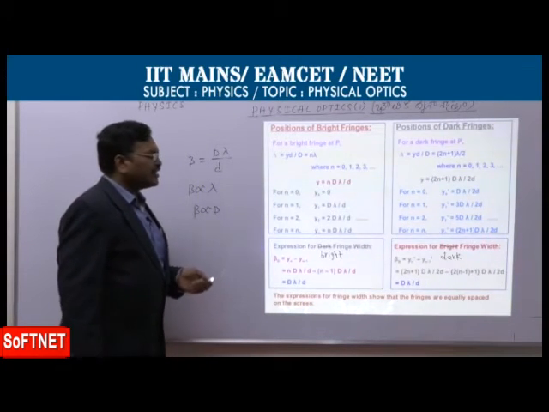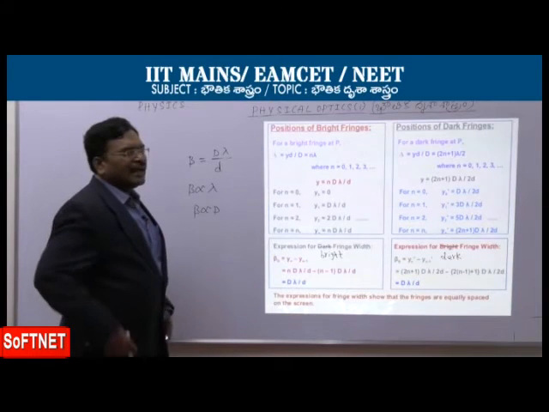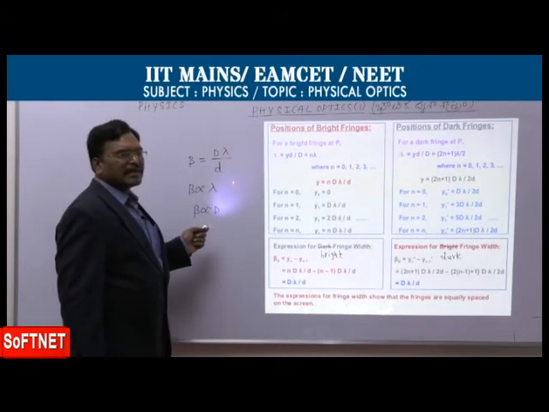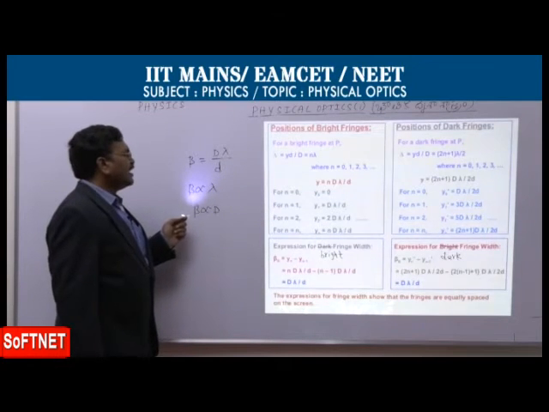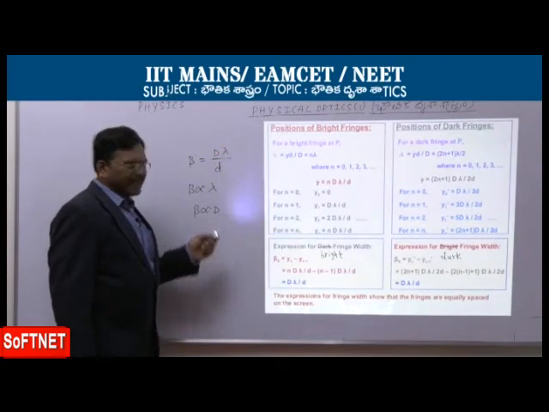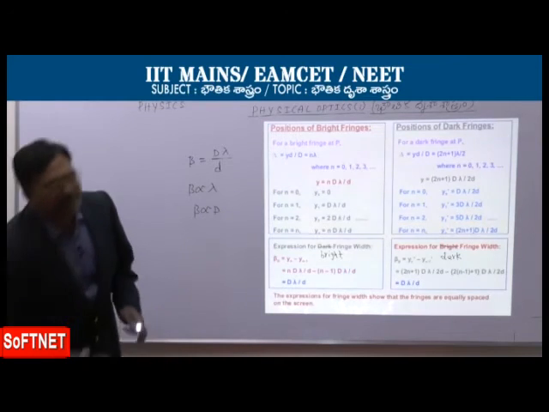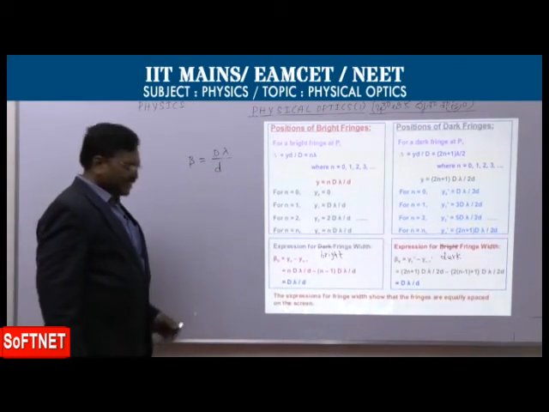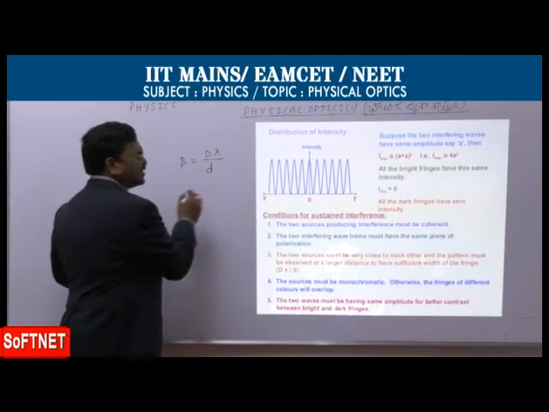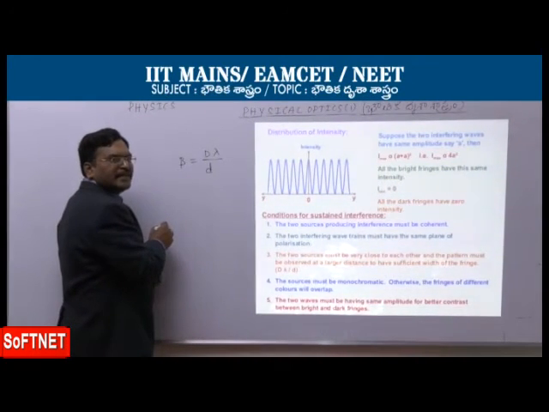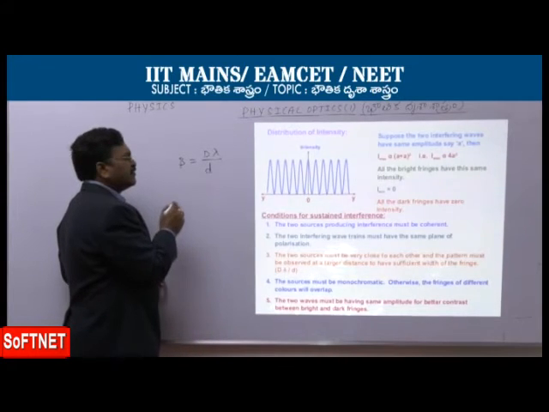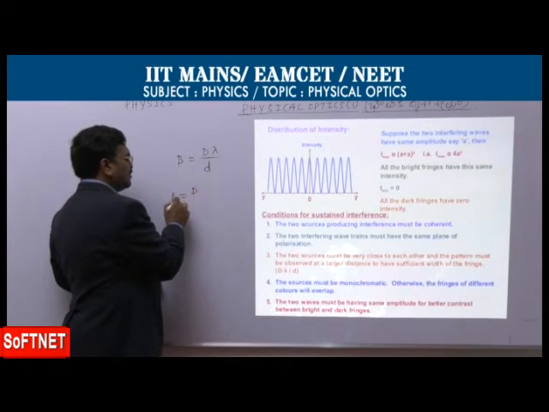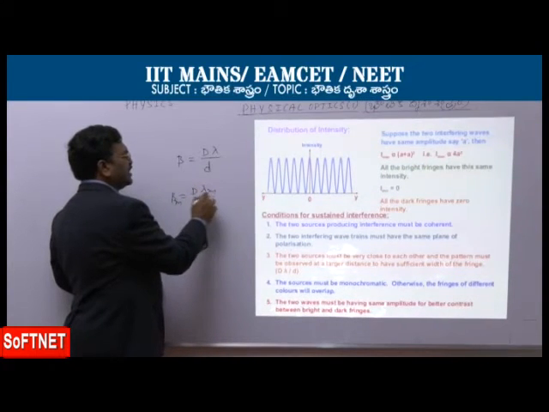And next, suppose the experiment is done in a medium. At that time the wavelength value changes. Lambda becomes lambda by mu. Now in air or vacuum, beta is equal to how much? Lambda D by d. In a medium, suppose the experiment is done in a liquid medium, beta medium is equal to lambda medium D by d.